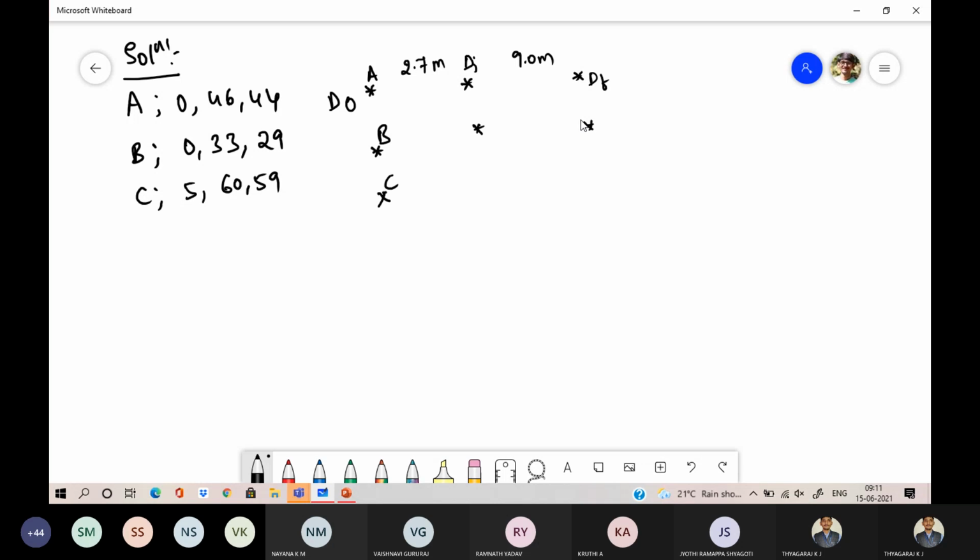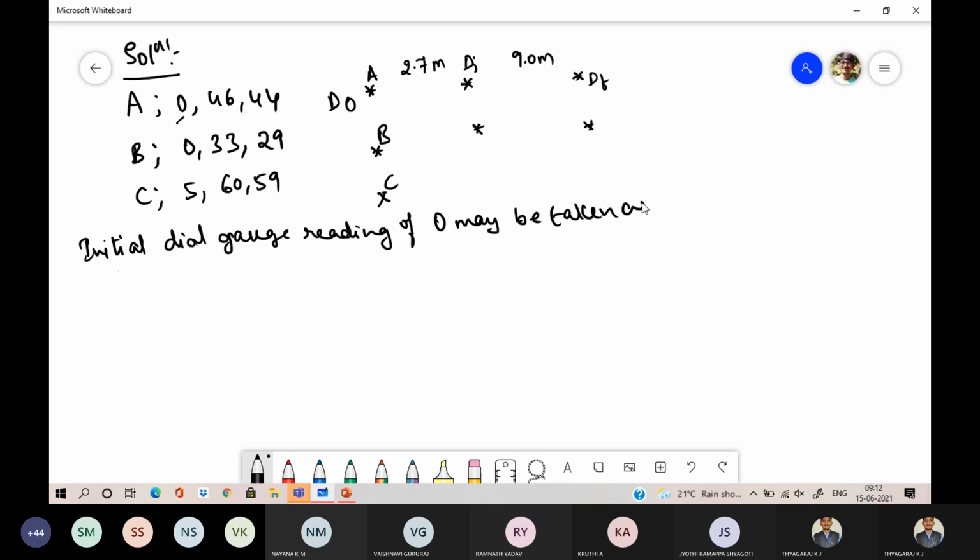At this point it is showing 0. So right here, make a note: initial dial gauge reading of 0 may be taken as 100 divisions of dial gauge. Why?